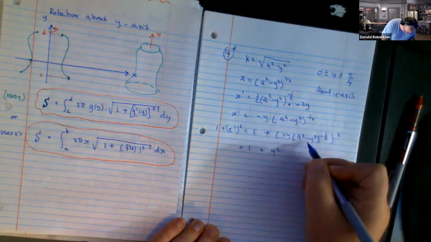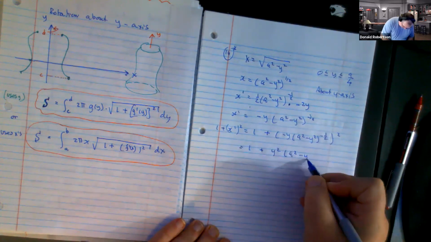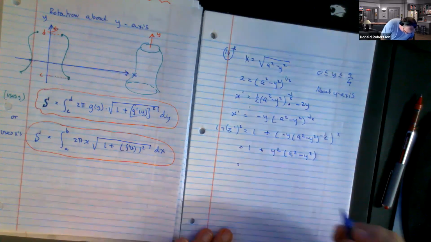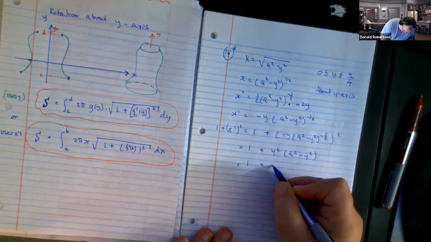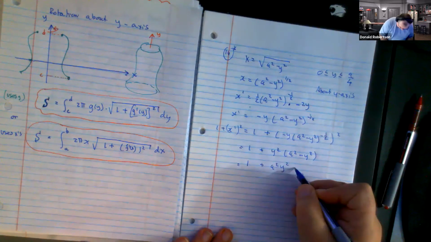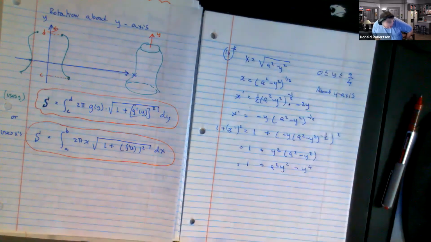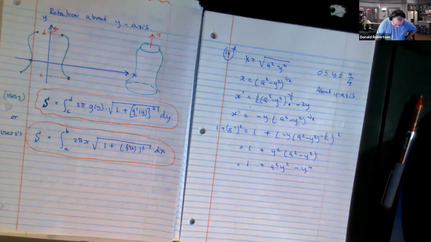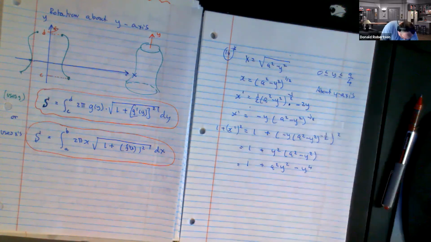Square this guy, you get that. And what do I have? Now I have 1 plus y squared over a squared minus y squared. It's quite interesting and was not what I was expecting. And that's why I wasn't expecting it.